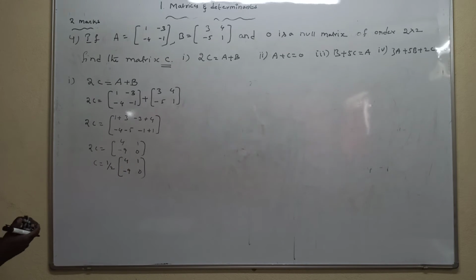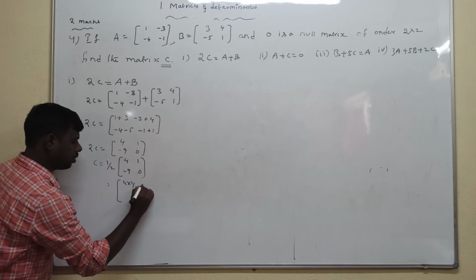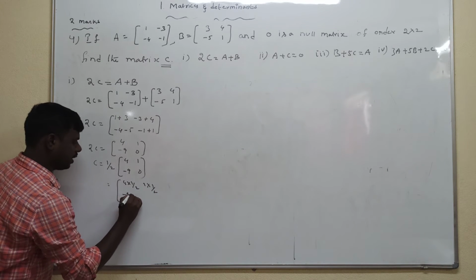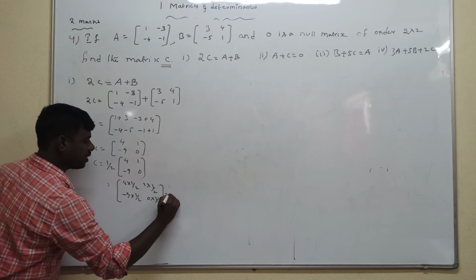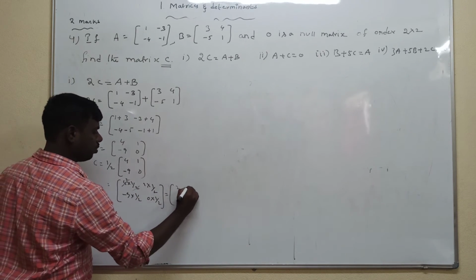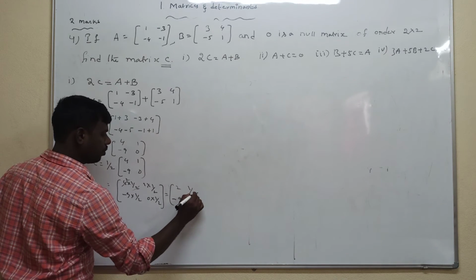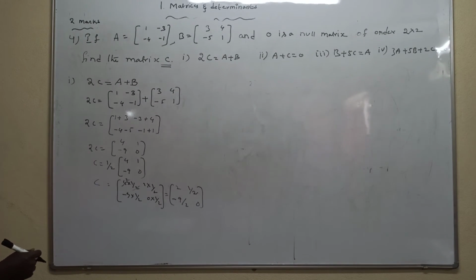Multiplying each element by 1 by 2: 4 into 1 by 2 is 2, 1 into 1 by 2 is 1 by 2, minus 9 into 1 by 2 is minus 9 by 2, and 0 into 1 by 2 is 0. Finally, C is equal to [[2, 1/2], [-9/2, 0]].